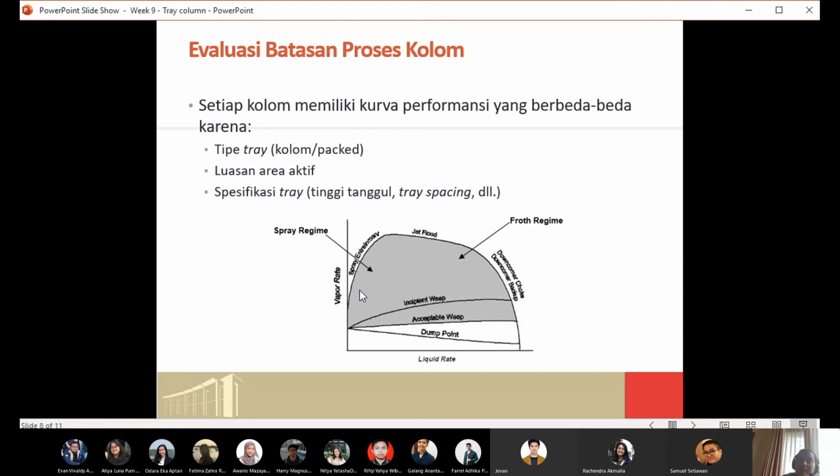For example, entrainment. What happens in the case of entrainment? In this case, the liquid rate is very small, but the vapor rate is quite high. So it is the opposite of the weeping condition: the vapor rate is very high, but the liquid is very small.